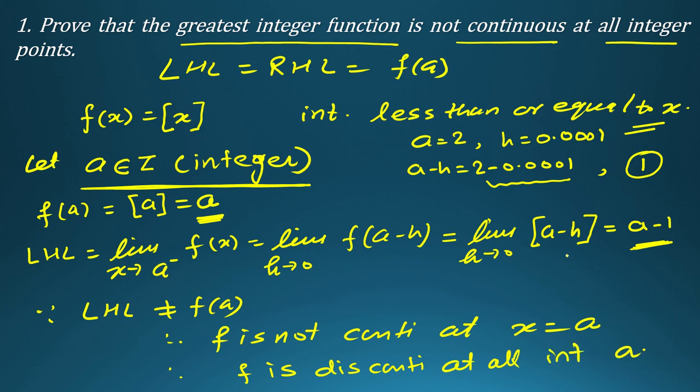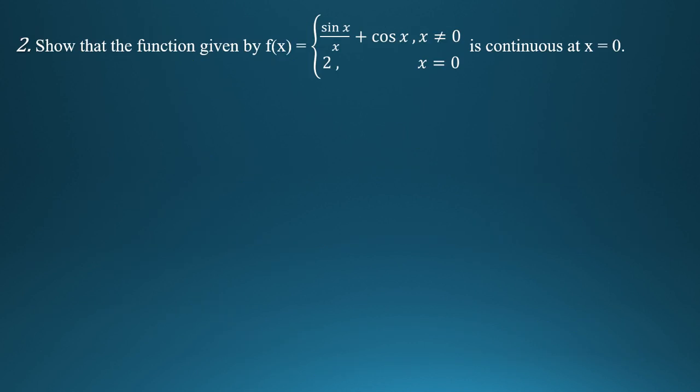Now let's try to solve this question. Show that the function given by f(x) equals sin x upon x plus cos x when x is not equal to 0, and 2 when x is equal to 0, is continuous at 0.